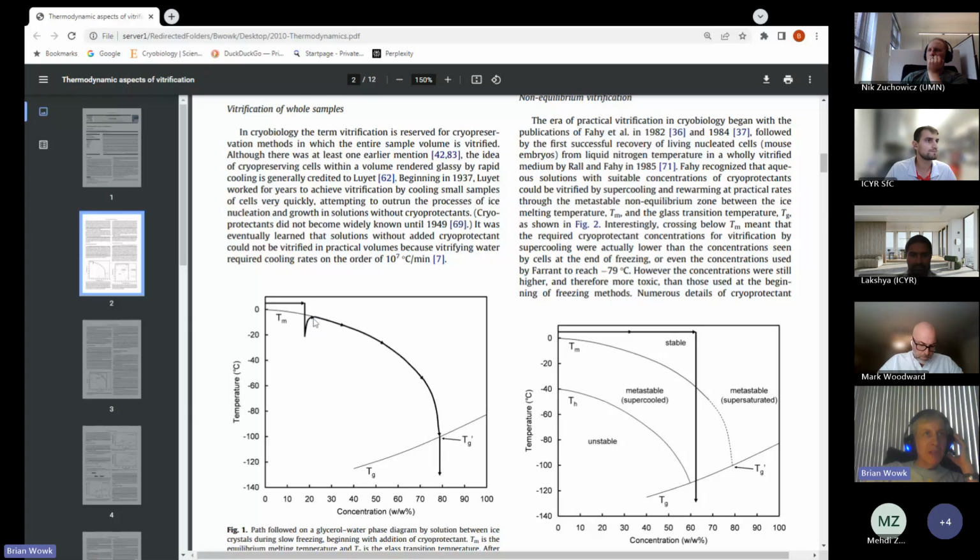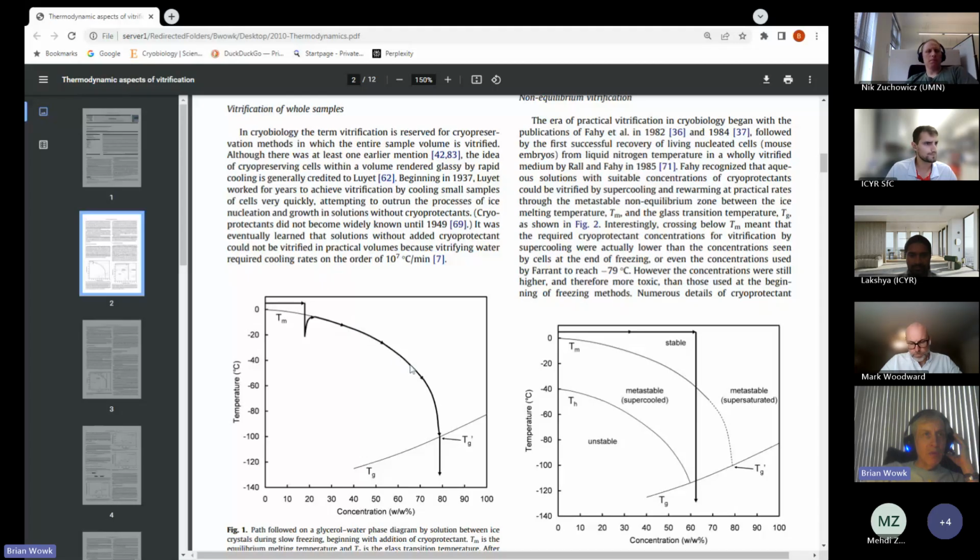And then what happens is that as the ice grows, the concentration of glycerol between the ice crystals increases as you continue cooling, and in a standard slow-freezing protocol, the concentration of glycerol as the temperature decreases will follow the melting point curve, also called the liquidus curve on this phase diagram.